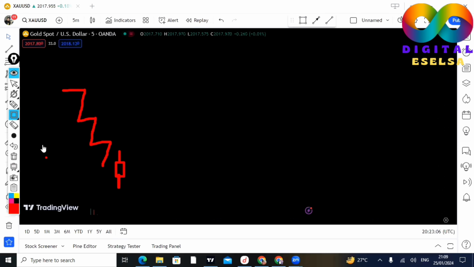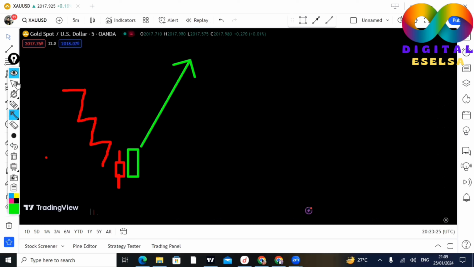Then we'll see a bullish candle with bullish momentum that came and engulfed the bearish candle. Simple. This is what we call a bullish engulfing. And when you spot this type of candlestick, you should be looking for opportunities to buy. We're still going to illustrate in the chart.